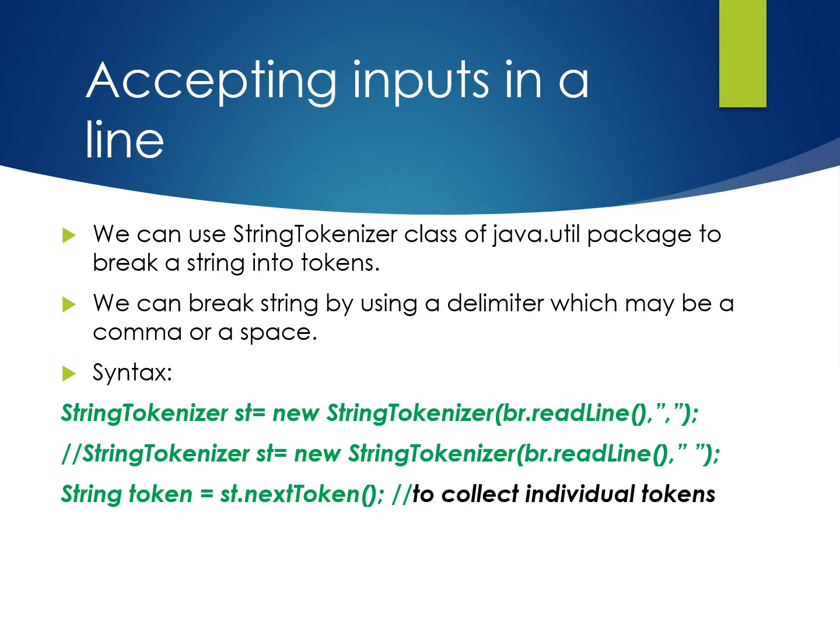If we are using a comma, then whenever it finds a comma in the string, it will separate that word, and if we are using a space delimiter, it will separate wherever a space is in the string. Then String token = st.nextToken(). It is used to collect individual tokens. So we are using a token object, which is a string.